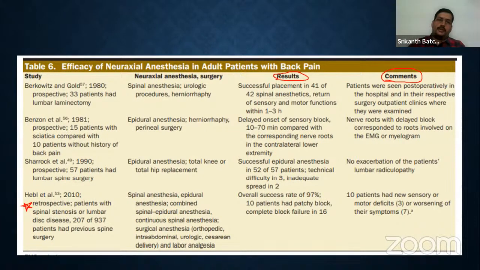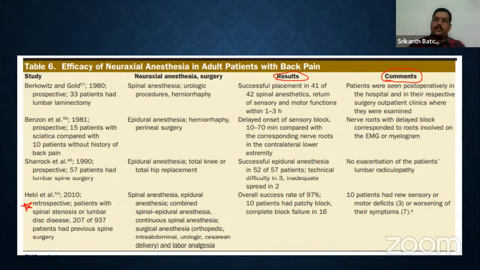Forget about reading all those, but in most of the studies, what they found is that even in a patient with a post spine surgery or some difficult lumbar spine pathology before, most of the time spinal anesthesia is more or less successfully placed. Especially coming to epidural anesthesia, they have encountered two problems.